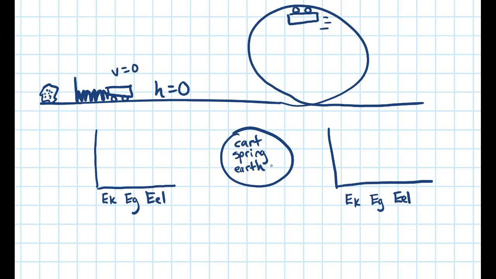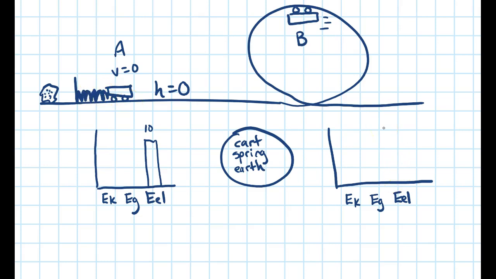All right, so at point A here, I think that the spring is compressed and the cart's not moving, so we have no kinetic energy. Nothing is elevated above height 0 yet, so all the energy is just right here in the elastic energy category. And then at point B here, well, now the spring is no longer squished, so the elastic energy is gone.